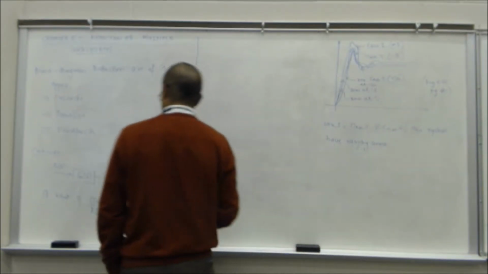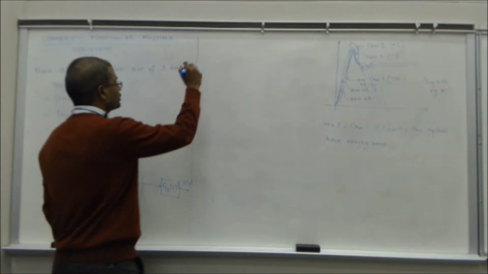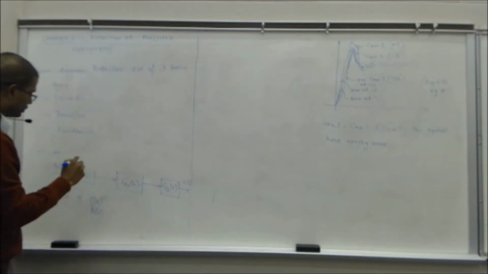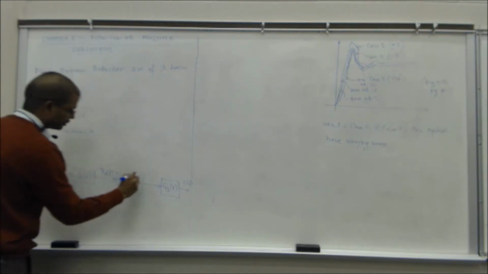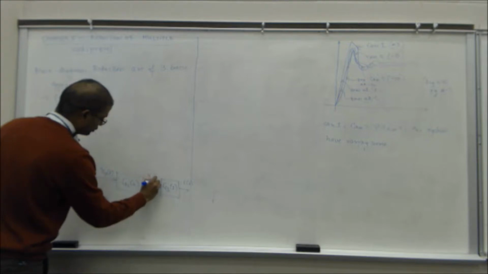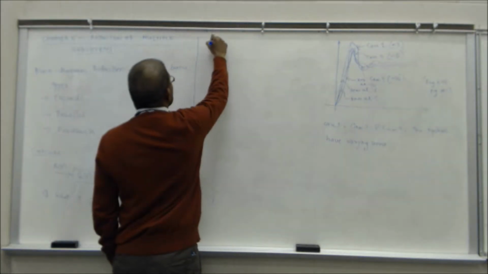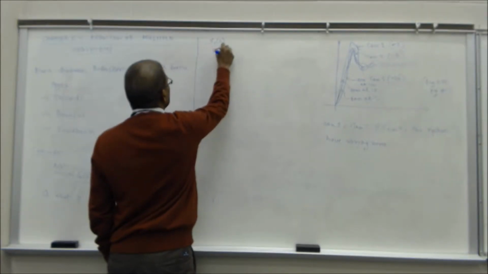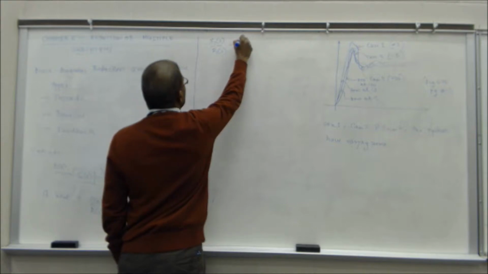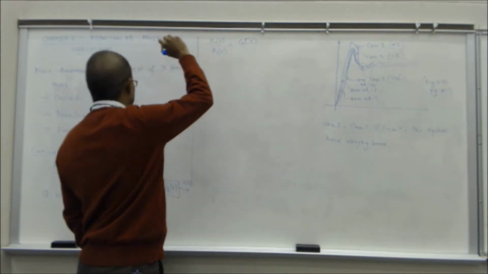So if you look at this, it's fairly simple. So let's say this output is x1 of S, and let's say this output is x2 of S. So what is x1 of S over R of S? It is G1 of S. Okay.